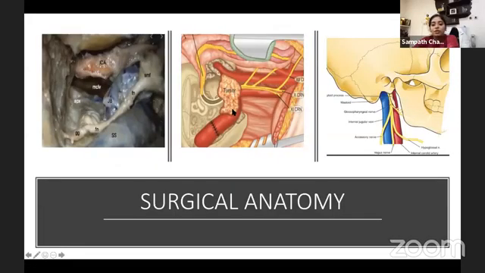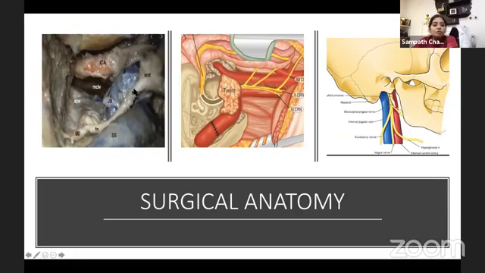Coming to the surgical anatomy. Before knowing the indication, we should know the surgical anatomy. In the first picture, you can see the facial nerve. After cortical mastoidectomy, canal wall down as well, the facial canal is delineated and the nerve is exposed from the geniculate ganglion to the stylomastoid foramina.